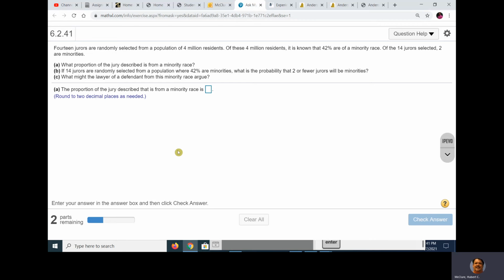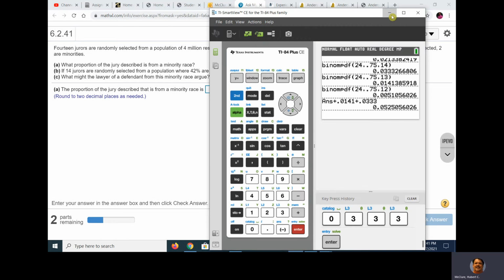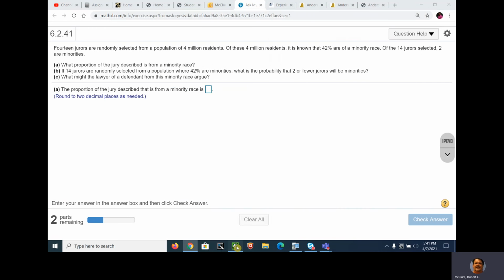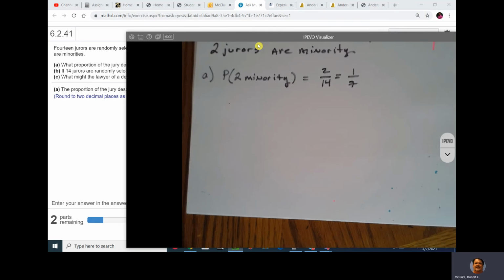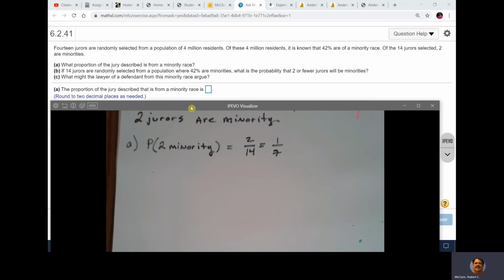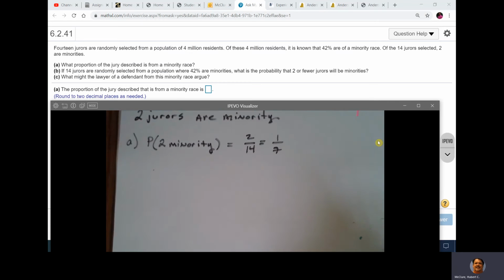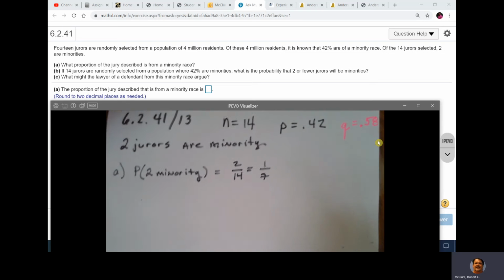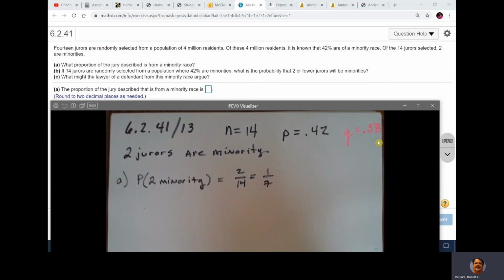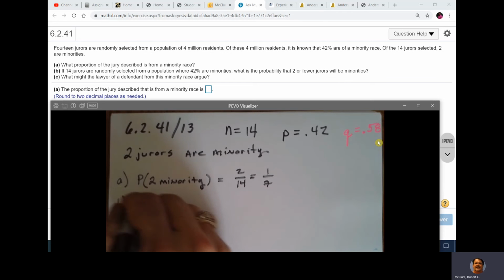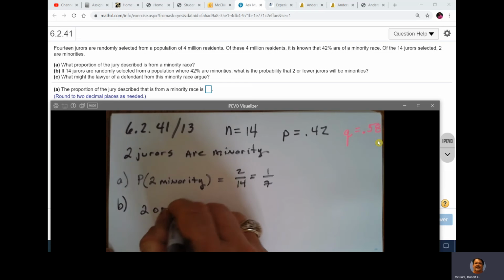Okay, there's the first question, A. I'm not going to do the decimal because you can do that in your calculator. B, if 14 jurors are randomly selected where 42% are minorities, what is the probability that 2 or fewer jurors will be minorities? So draw your number line. B, 2 or fewer.